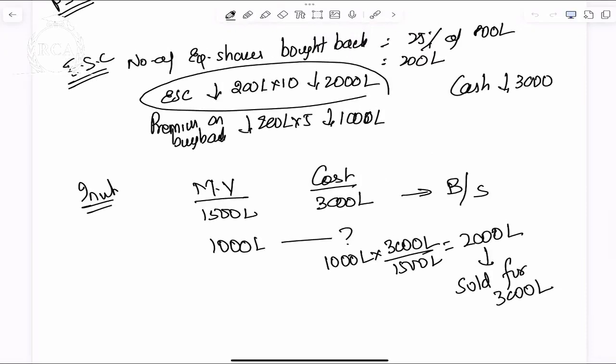It got sold for 3000 lakhs. Are we all done, guys?